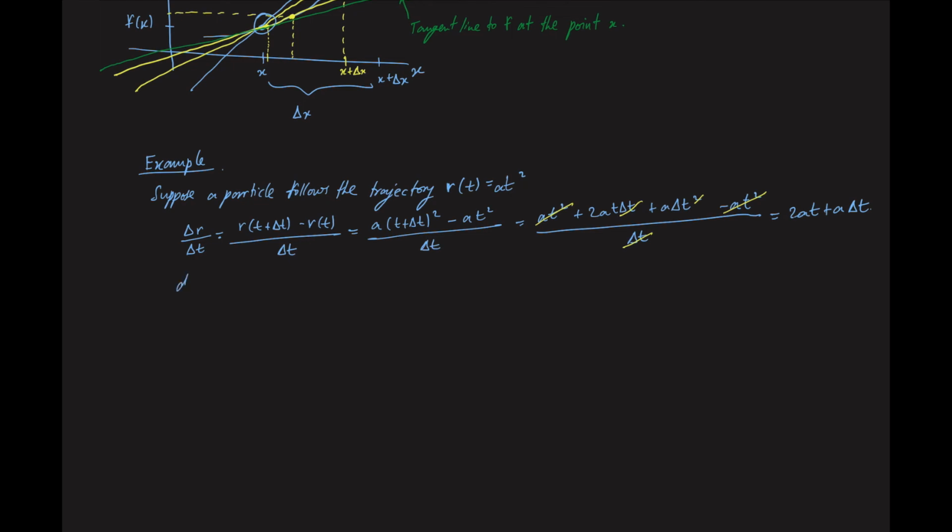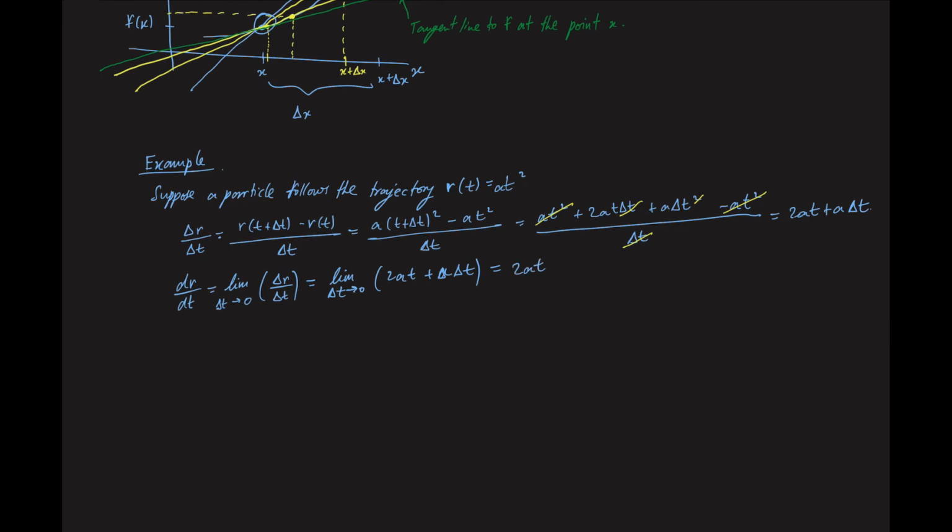And the derivative dr by dt is the limit as delta t goes to 0 of delta r over delta t, which is the limit as delta t goes to 0 of 2at plus a delta t. As delta t goes to 0, 2at is a constant.